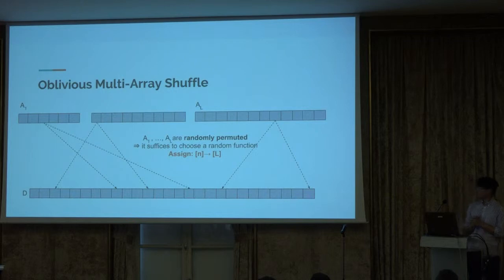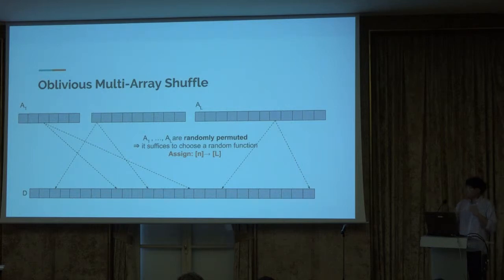Let's take a high-level point of view of this again. At the top, we have these L input arrays. We assume they're not too small, and we assume that they're perfectly shuffled. The goal is to get this destination or output array at the bottom where everything is perfectly shuffled. One way to obviously do this is to sample a random permutation and do an oblivious sort. However, it turns out that if you leverage the entropy from all these input arrays, you can do something a little weaker, and in fact, that's what we do.